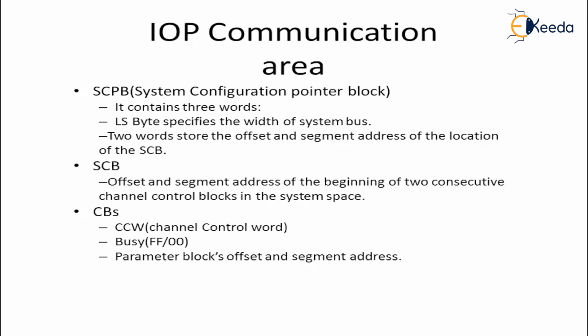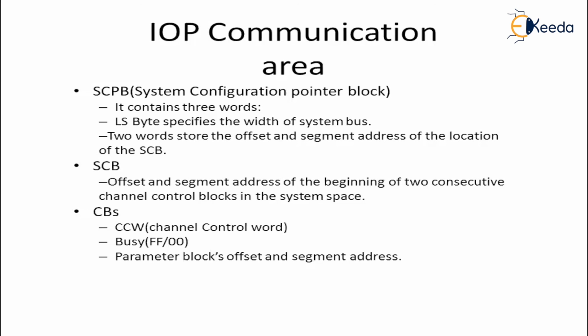Now, how do processors communicate with each other? What is the I/O communication area? System configuration pointer block, SCPB. It contains three words. The LS byte specifies the width of the system bus. Two words store the offset and segment address of the location of the SCB.